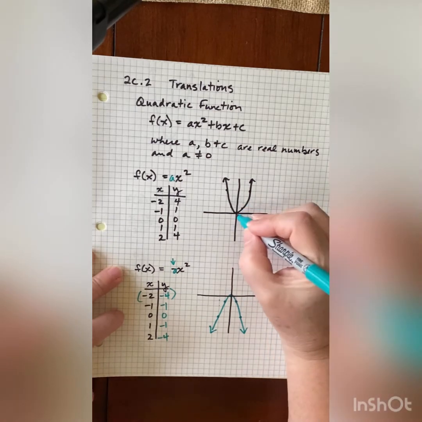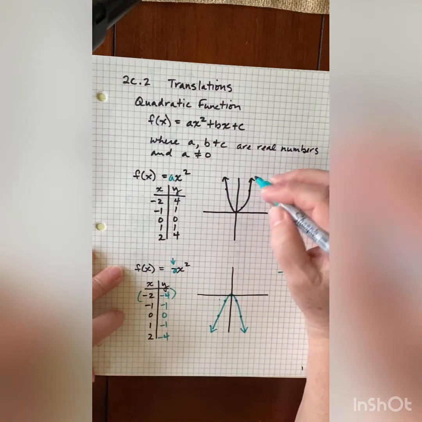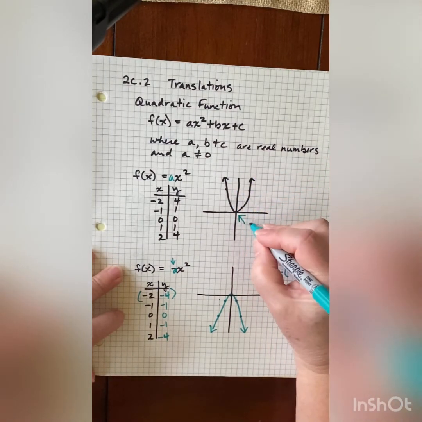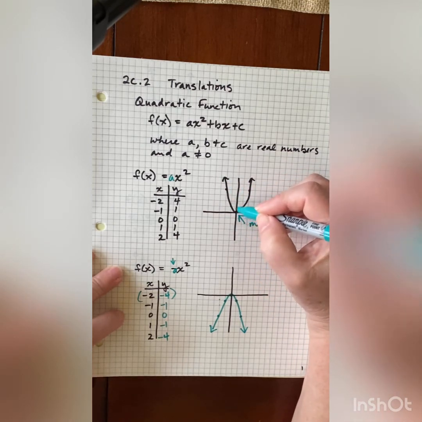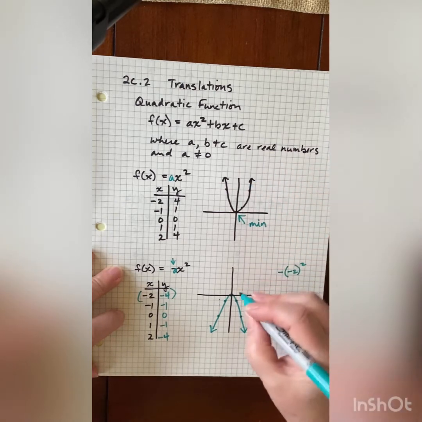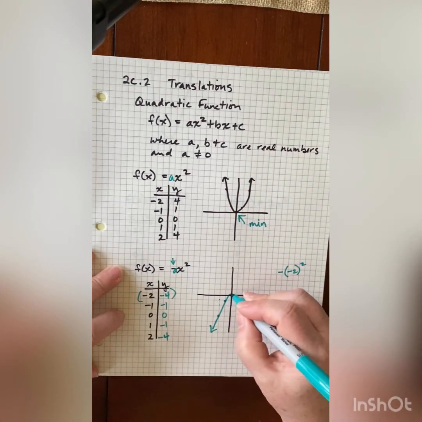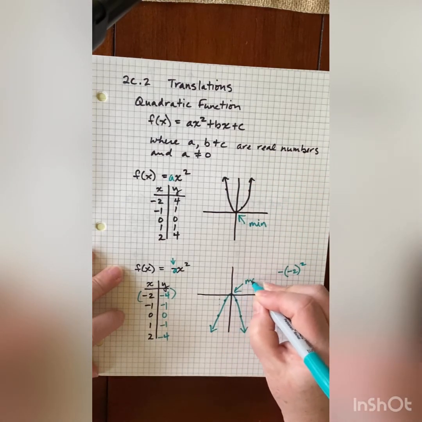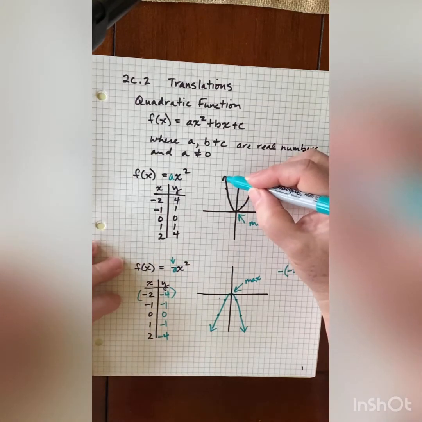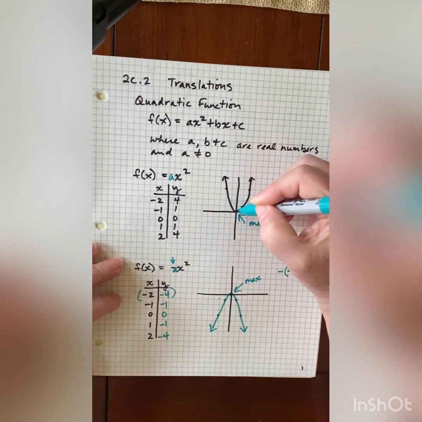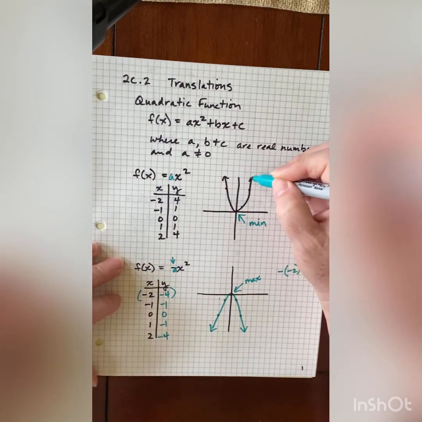Okay, here, when it opens up like that, that is a minimum. It is the lowest point on your graph. Right here, this is the highest point on the graph, and that is your maximum. And it's where it changes from, like this one here, it has a negative slope, and it changes up into a positive slope.